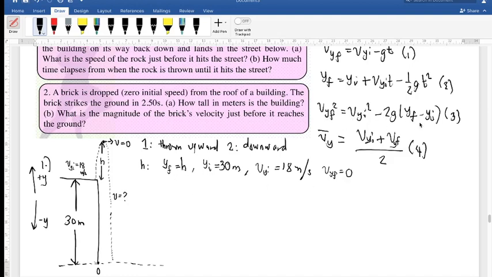So we can use equation 3. We have vyf squared is equal to vyi squared minus 2g times (yf minus yi).